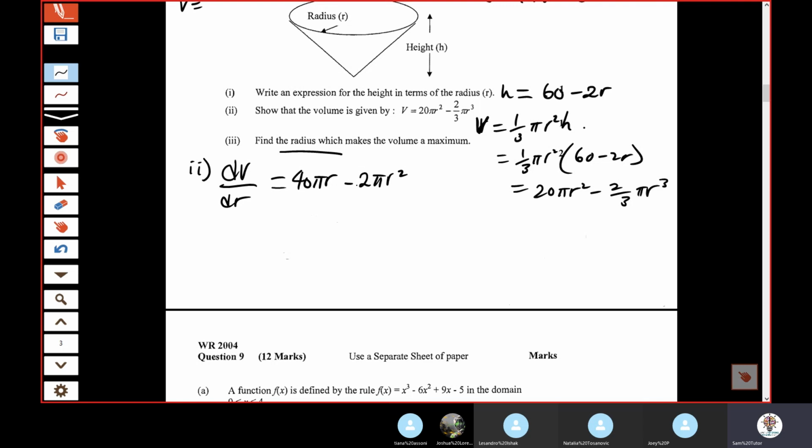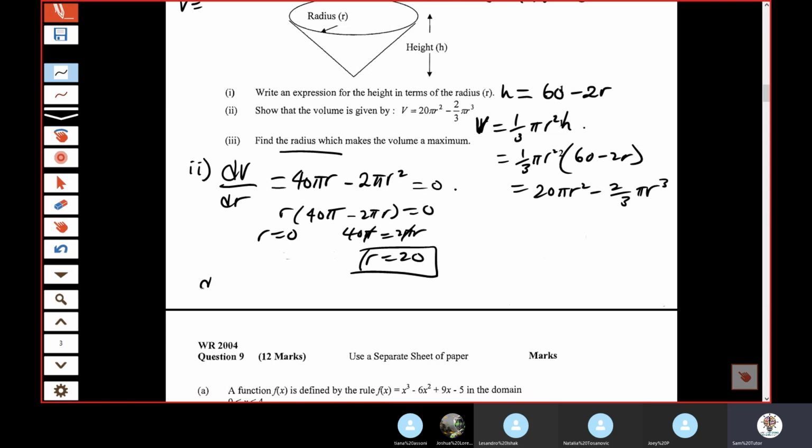It's annoying because now everything changes. Equals 0. I'm going to factorize r, but you could have jumped into the quadratic formula if you feel more comfortable with it. R equals 0, which doesn't make sense. 40 pi equals 2 pi r. Pi and pi cancel. What does r equal? 20. And then we have to do our nature.